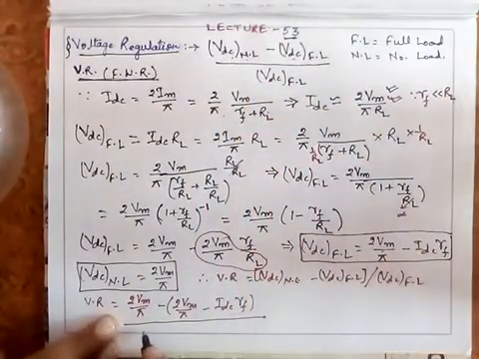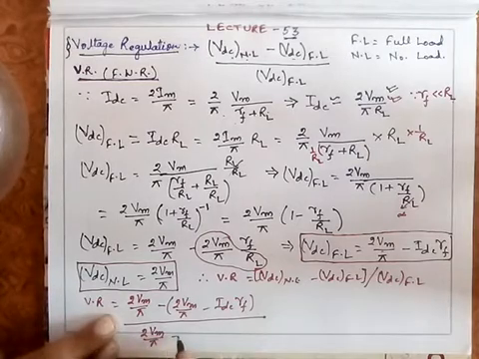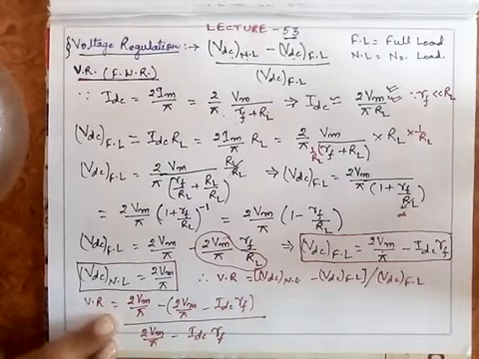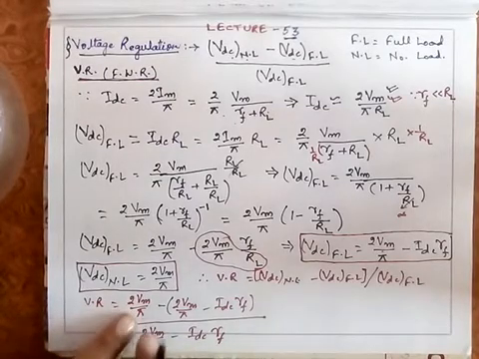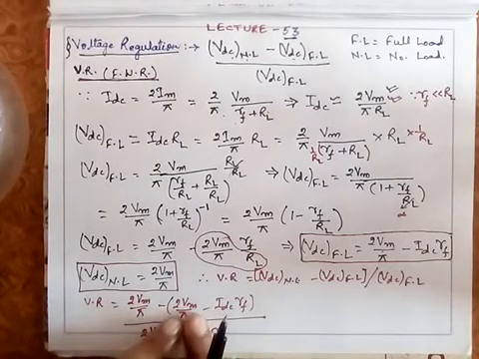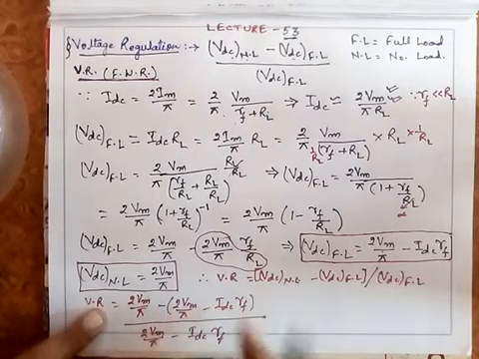VDC at full load is this much, twice Vm by pi minus IDC into the forward resistance of diode RF. Now if I expand this, twice Vm by pi minus twice Vm by pi will cancel out. So you'll have IDC into RF.